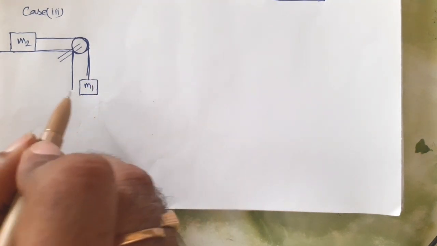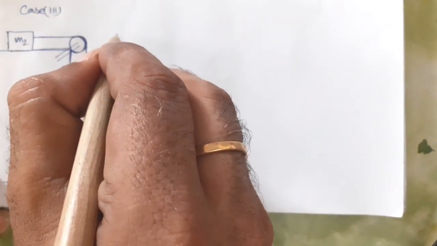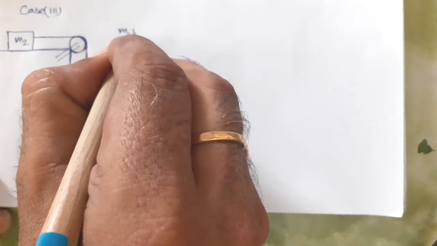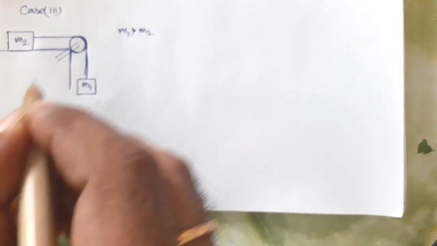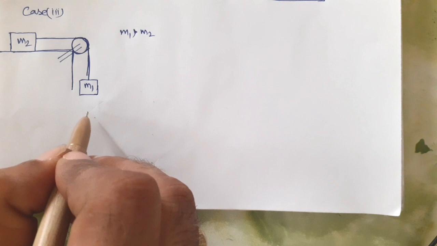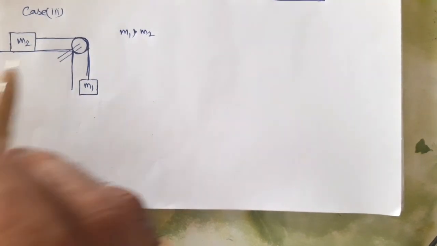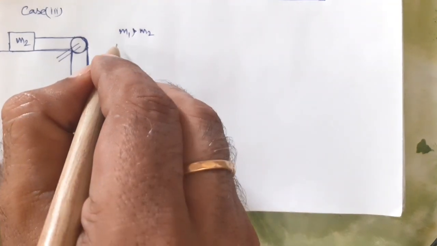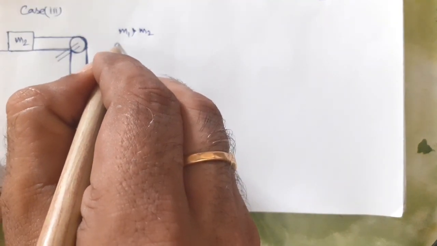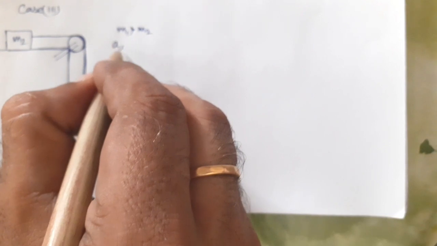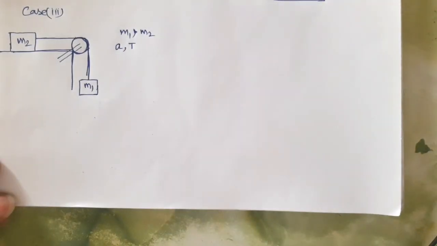If m1 is greater than m2, this body moves in the downward direction, and this body moves horizontally.